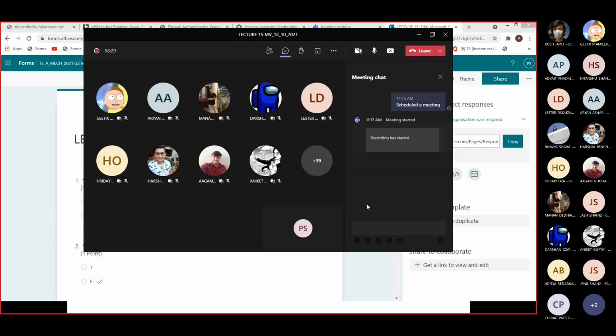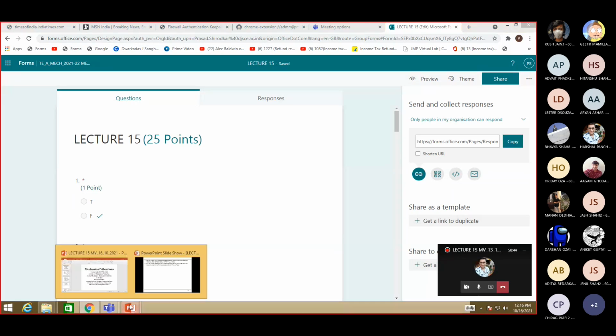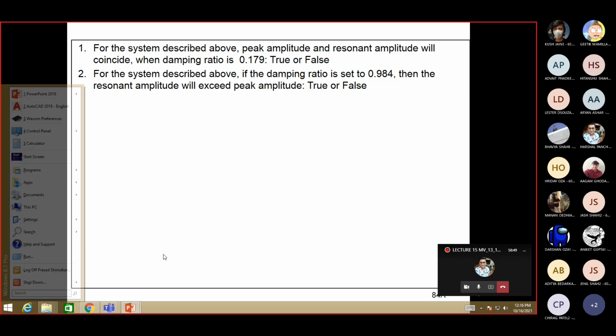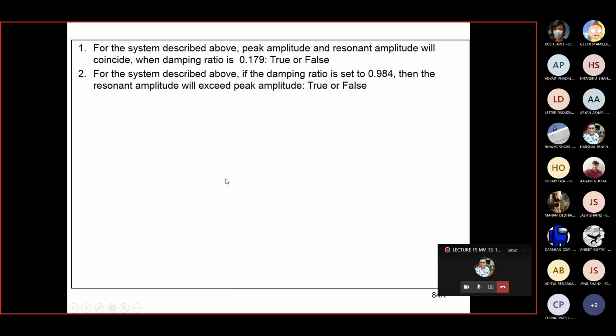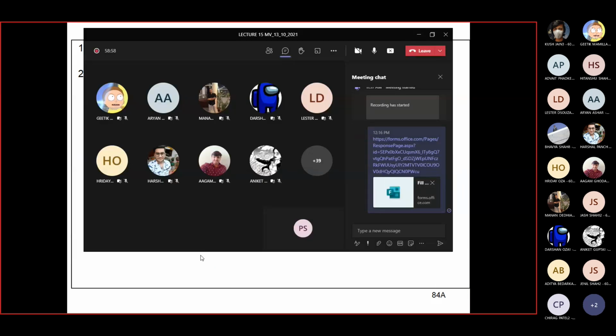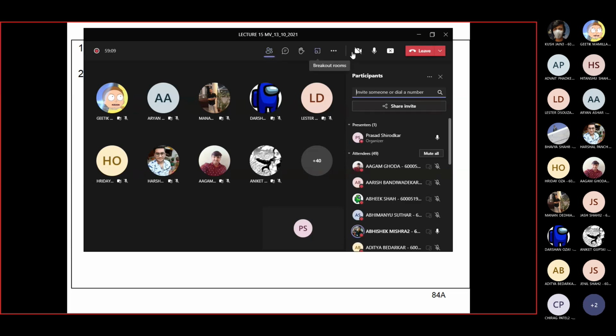So there is a quiz that you have to solve. It is a big quiz. Just click on the link and see if you are able to open it. Are you able to access it? Yes, sir, we are able to access.